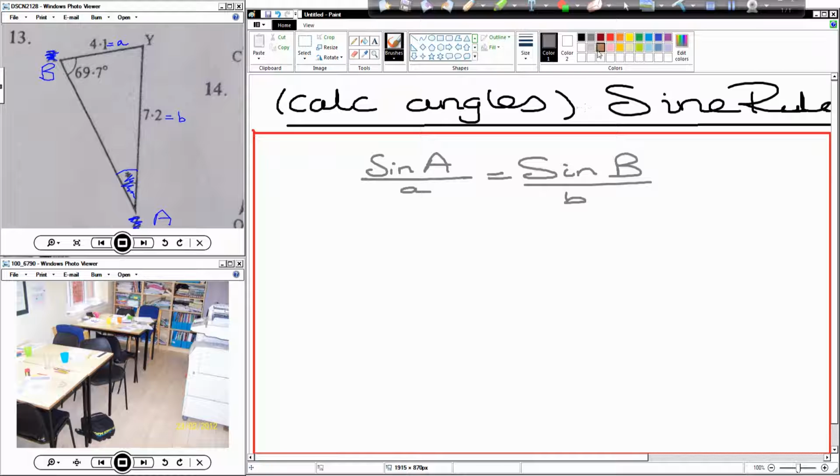Now let's have a look at what we know and what we don't know. So, big A, do we know it? No. Do we know the little a? Yes. Do we know the big B? Yes. Do we know its corresponding length b? Yes. Let's go back. We missed one step out. Let's put that step in. So what do we know?